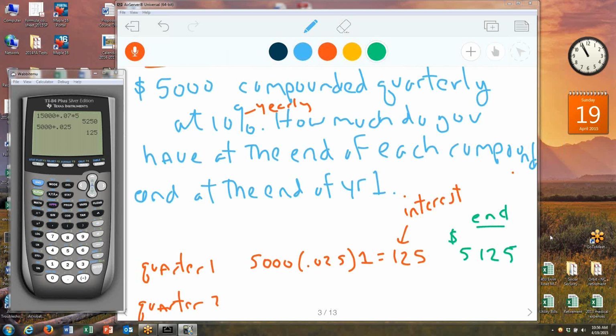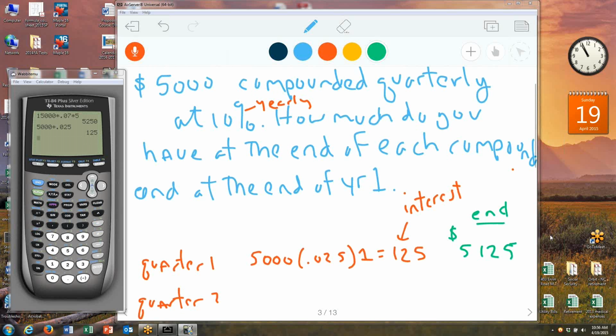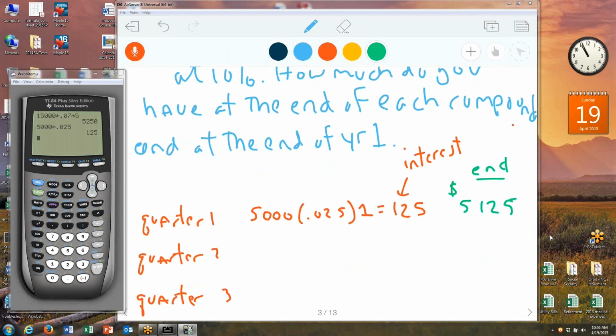We'll go ahead and do this for each quarter, and I think common sense is going to tell us, if I get interest on my money 4 times a year versus 1 time a year, the 4 times a year is going to be better, obviously, right? So now we're going to do what y'all probably want to do with the simple interest. We're going to take that 5,125 down here. That's our new principal, and we're going to take 2.5% of that for 1 quarter.